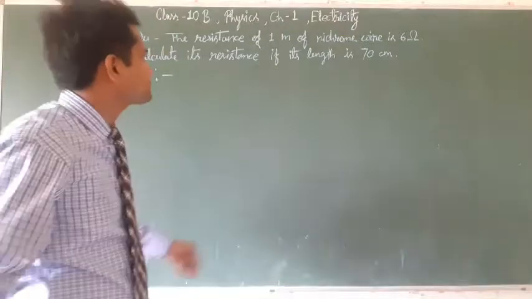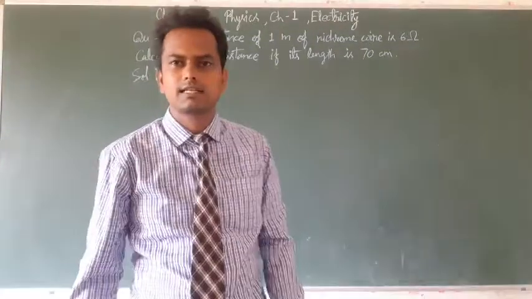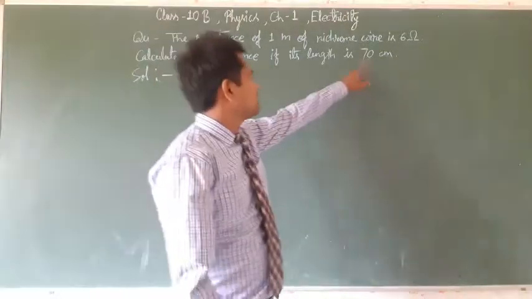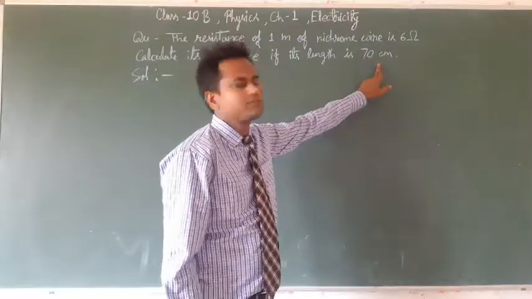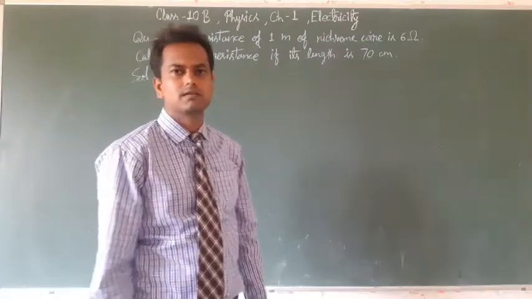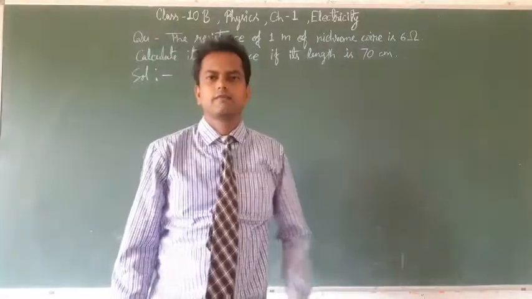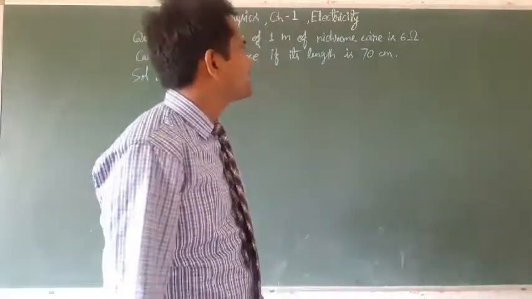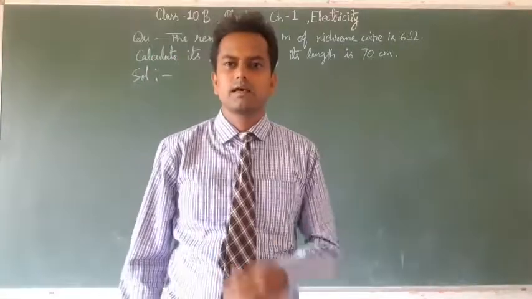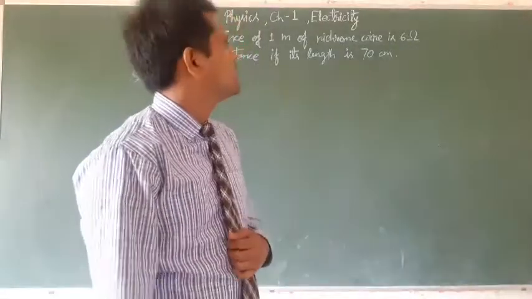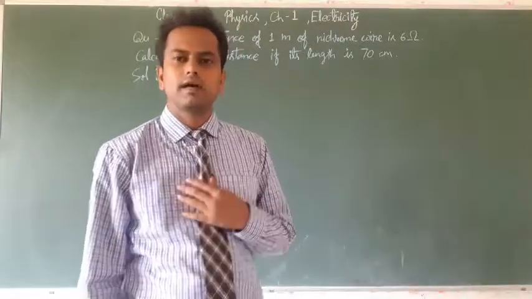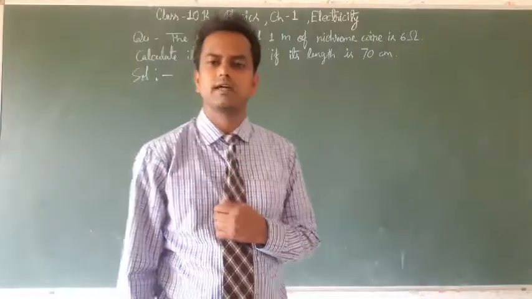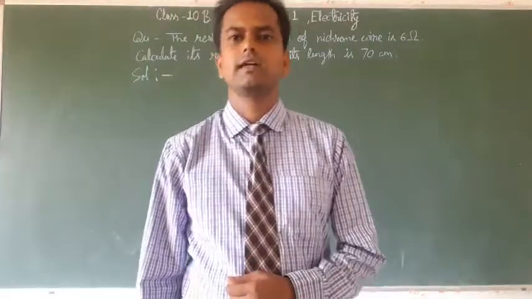It means if the length decreases, then what will happen? This is 70 centimeter, which is less than 1 meter. So in this case we decrease the length of the wire. In the resistivity concept I have told you, if the length of a wire decreases, then the resistance of that wire also decreases.